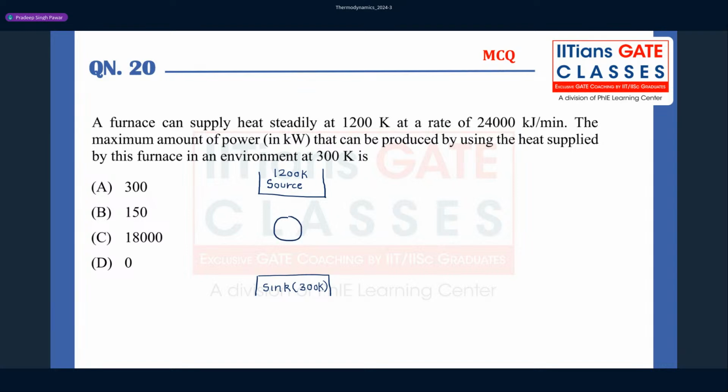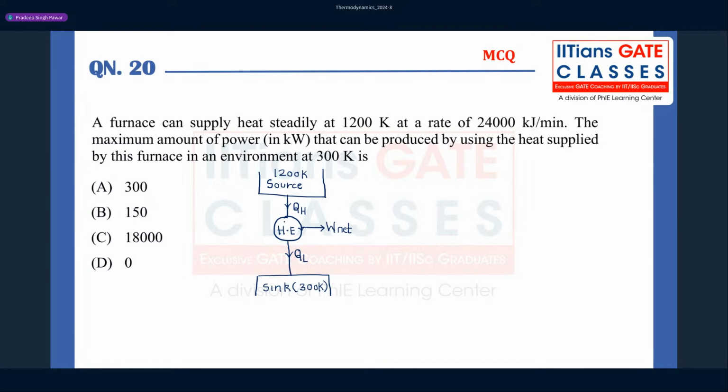So let's draw the reversible heat engine. So this is the heat engine. So it receives energy from a high temperature source. Let us say the energy is QH, and it gives the energy to the low temperature sink. Let's say that energy is QL, and it produces a net amount of work. Okay.